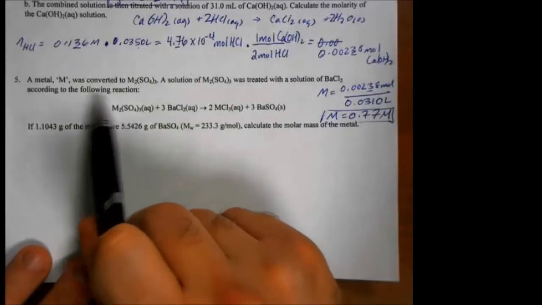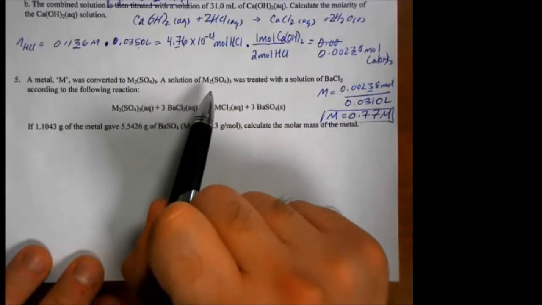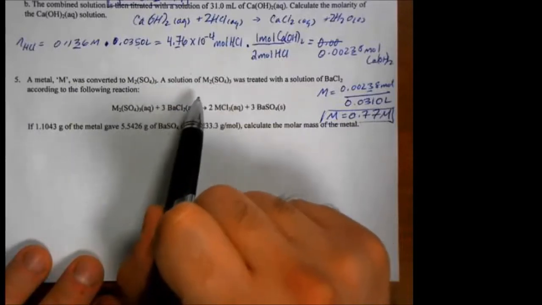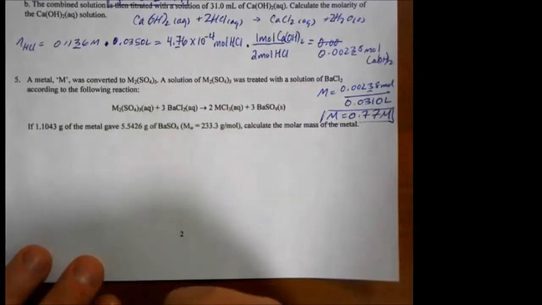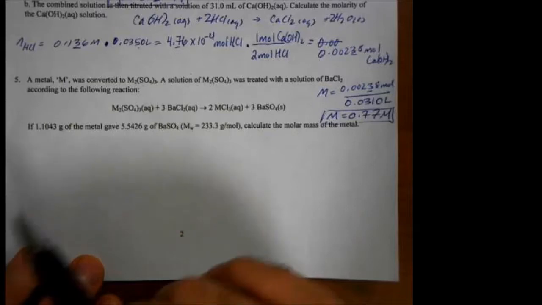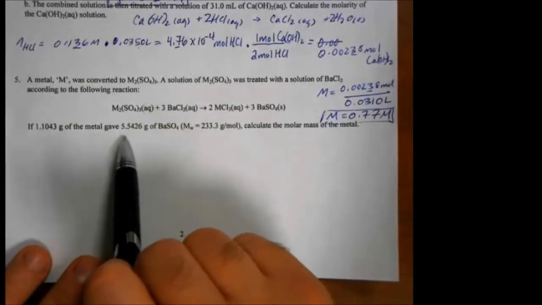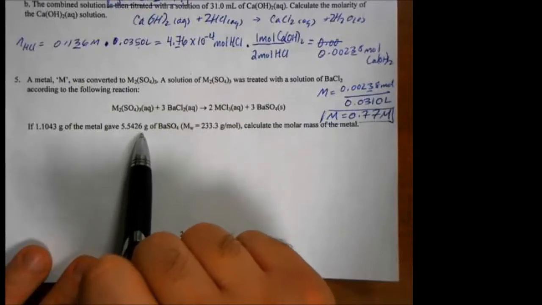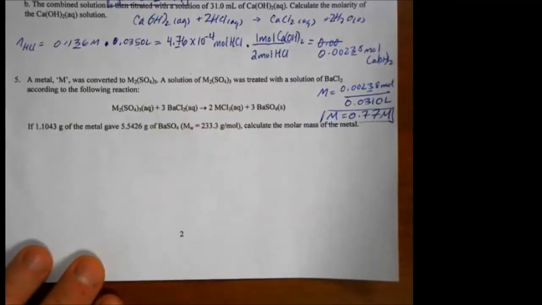They're taking a metal and dissolving it in sulfuric acid, and then taking that solution of the metal sulfate and precipitating out the sulfate with barium, so they get a solid. In this case, it says if 1.1043 grams of the metal gave 5.5426 grams of barium sulfate, calculate the molar mass of the metal.